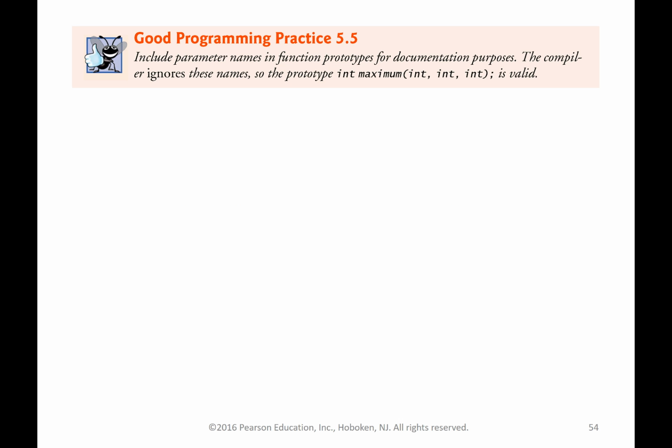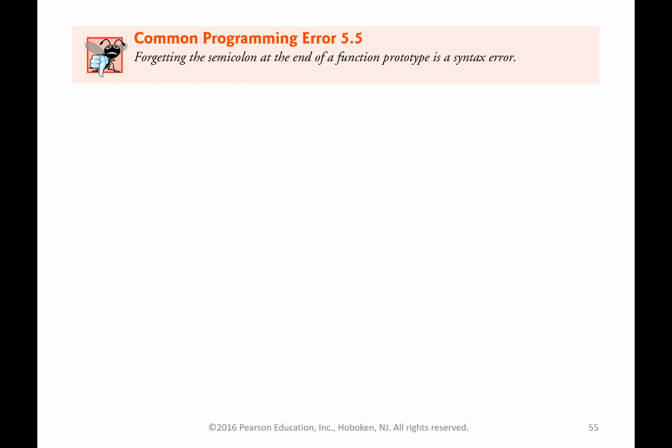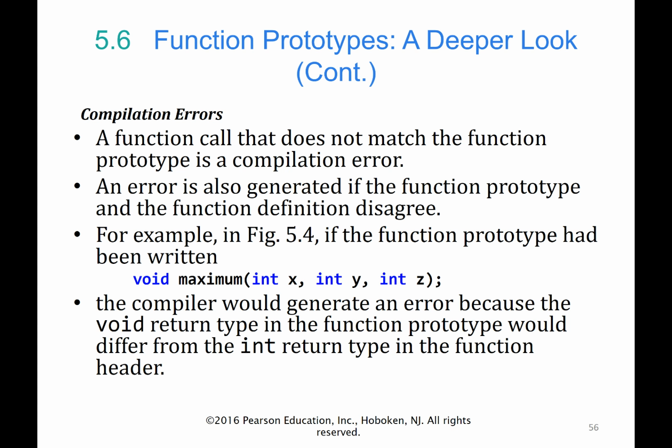In other words, don't change the name. And of course, the only difference between the first line of the function and the prototype is the semicolon. You forget the semicolon in the prototype, it's a compile error.